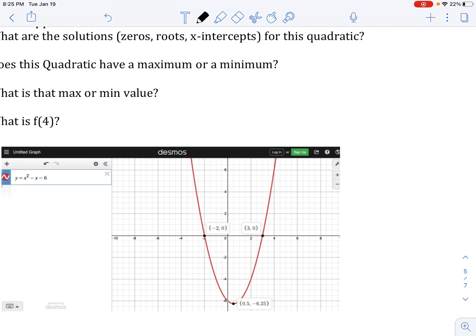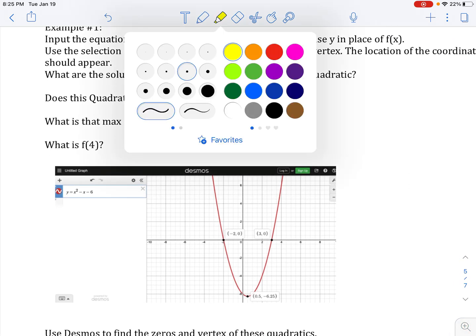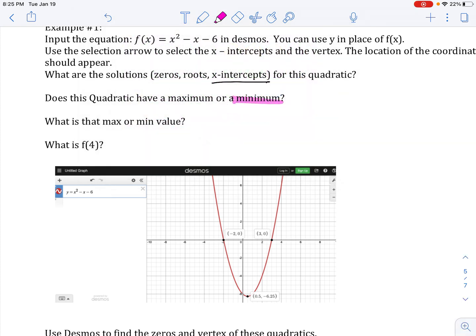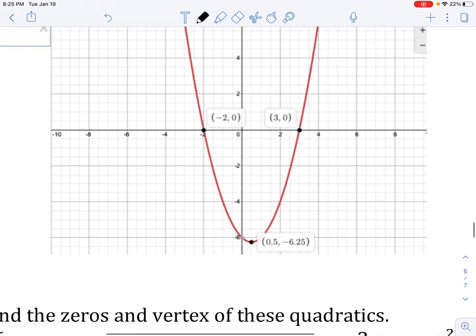Notice I'm asking for zeros, but if I asked you for the x-intercepts, then you're giving them as ordered pairs, which Desmos showed when you clicked on them. Does this quadratic have a max or a min? Well, it's got a min because it's the lowest point on the curve.